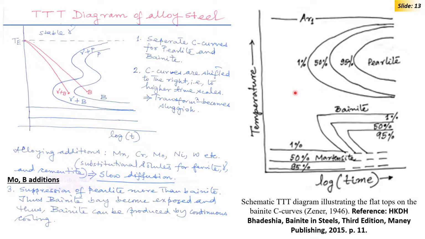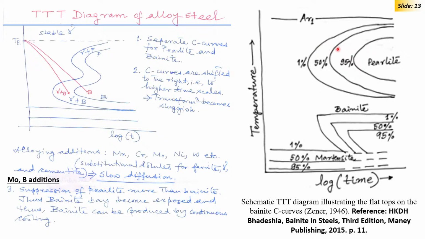If they segregate to the austenite grain boundaries, that reduces the grain boundary energy and makes the boundary less potent to nucleate ferrite or pearlite, because ferrite and pearlite preferentially nucleate at the grain boundaries. So, now if you retard the grain boundary reaction, and grain boundaries are also faster diffusion paths, diffusional transformations are retarded.